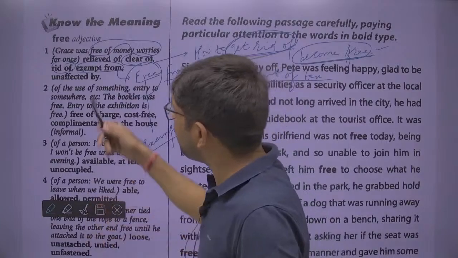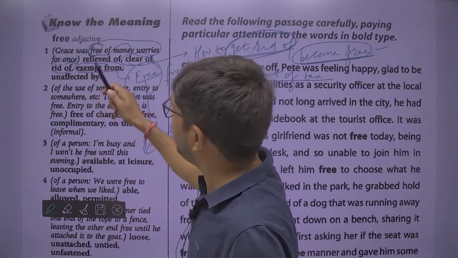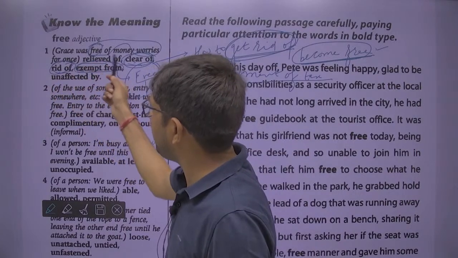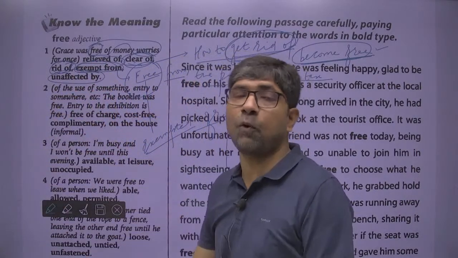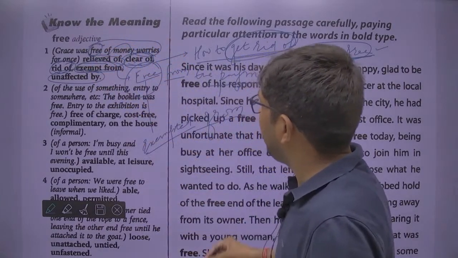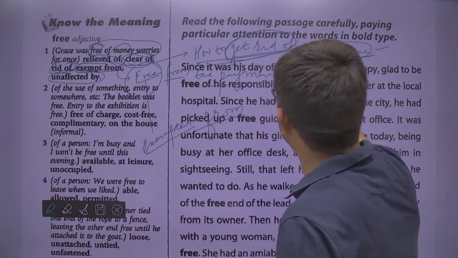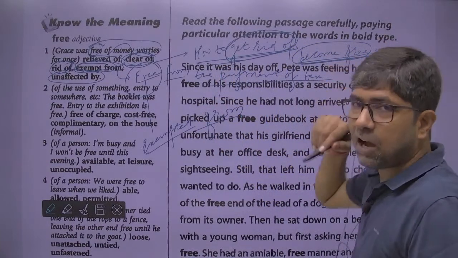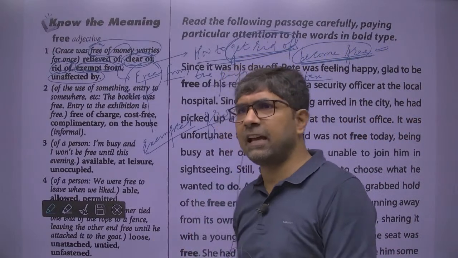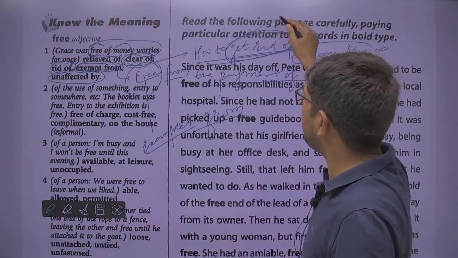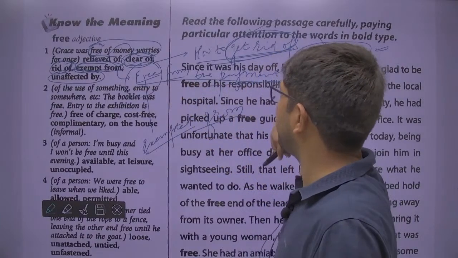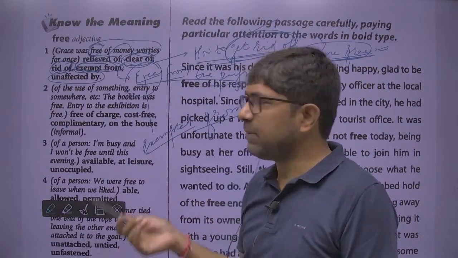But it does not mean free is relief, free is clear, free is rid of, free is exempt from, or free is unaffected by. No way. There are different contexts. If you say how to get rid of, then it becomes free. But then how to get rid of something, that's a problem, that's a challenge. And then it becomes how to get rid of means how to become free from. You are free from the payment of tax means you are exempt.